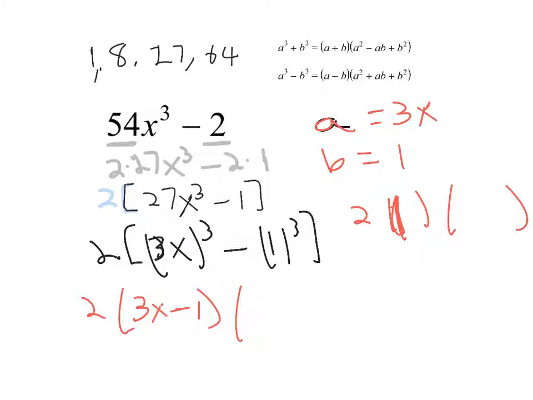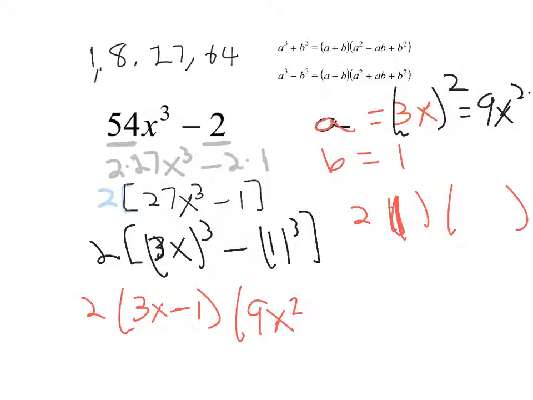And then now I need to show you a squared. If you do 3x squared, it's going to be 9x squared. So we're going to copy a squared, which is 9x squared, over here. That is a common mistake by students.